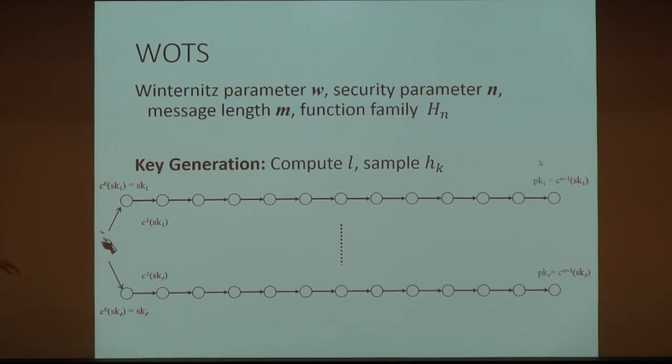And now, in contrast to these Lamport-Diffie variants, the public keys are not simply the outputs of the hash function applied once, but the output of such function chains of length w applied to these secret key elements. Okay, so we get some kind of directed acyclic graph, which virtually describes our one-time key pair.